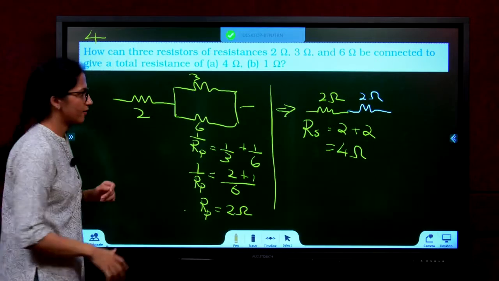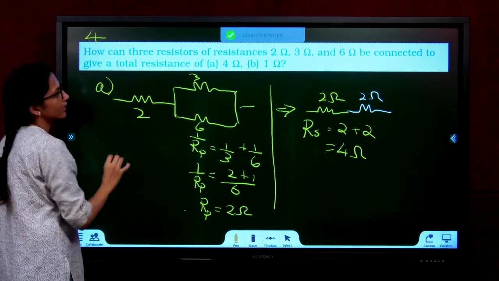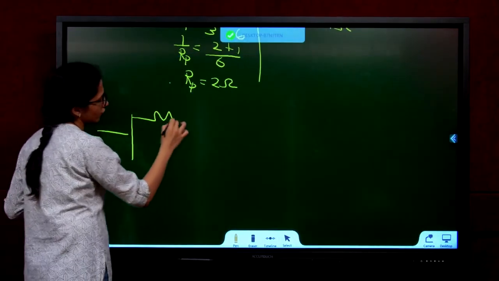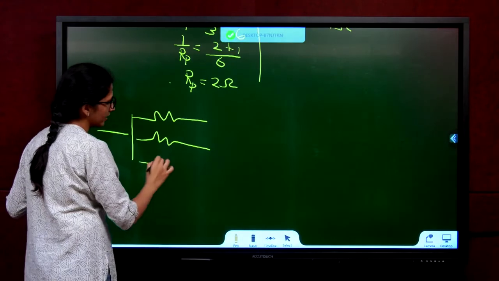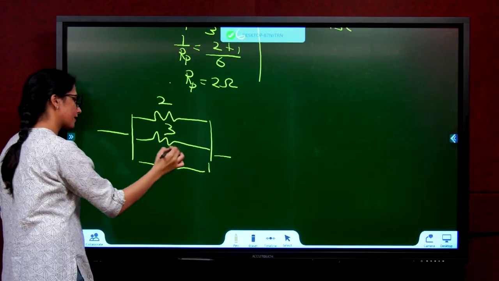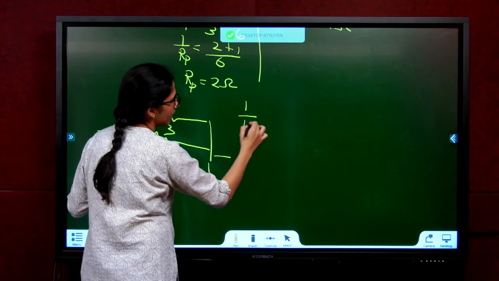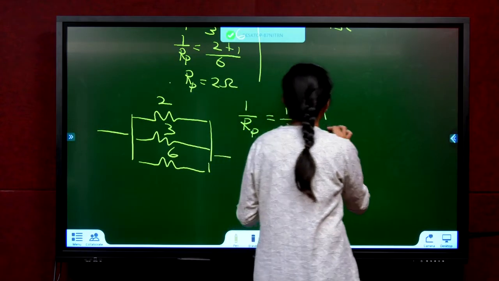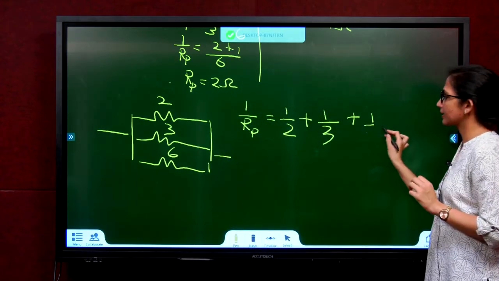First answer is done. Now this was the first part. Second part, I want 1 ohm. So we just discussed we are going for parallel. I told you why, because 1 is less than 2. So 2, 3, 6. 1 by RP is 1 by 2 plus 1 by 3 plus 1 by 6.